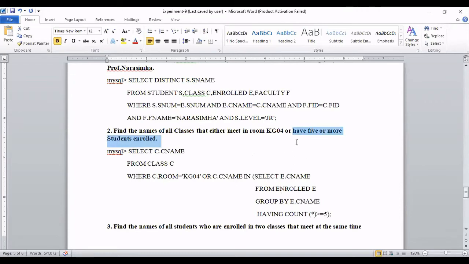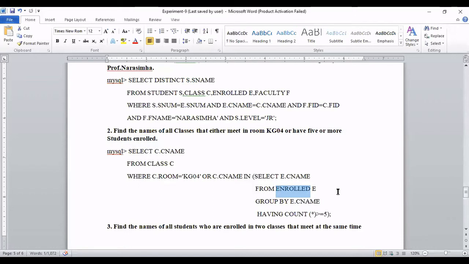How do we know 5 or more students are present in a particular class? Who is keeping the details of student and class? This is nothing but enrollment. Enrollment is a table where we can say which students have enrolled, with more than one student, or more than 2, or more than 5, or 5 or more.